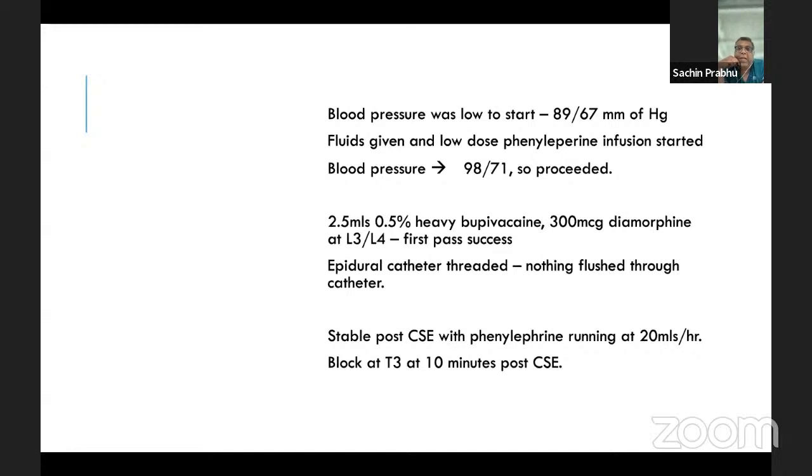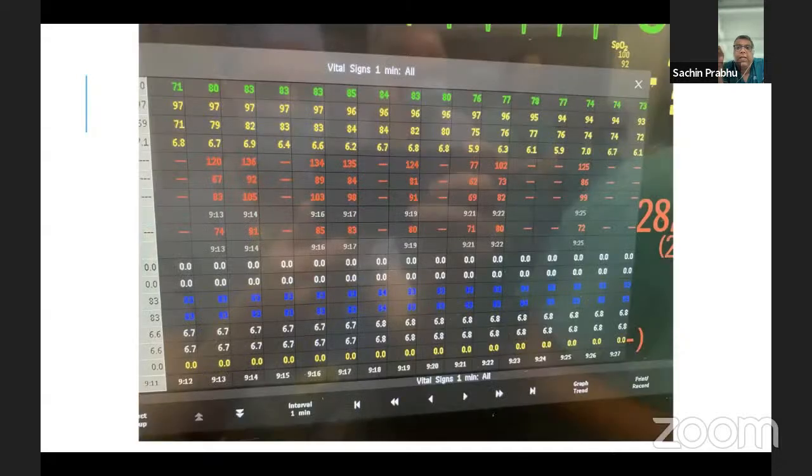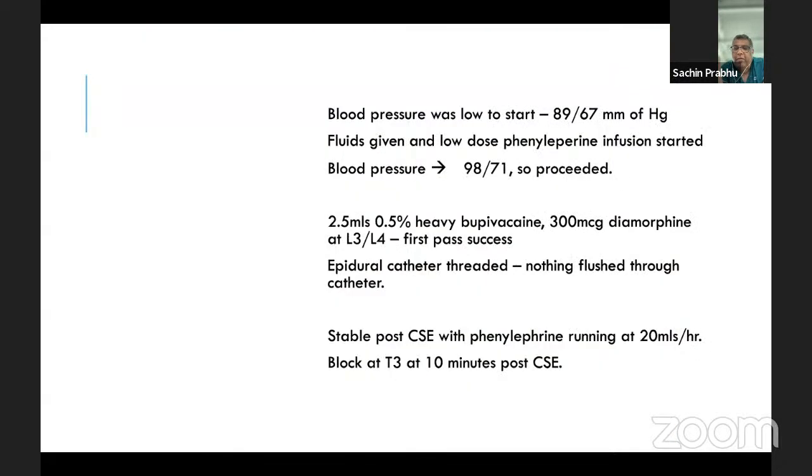Standard marking with bupivacaine, epidural catheter inserted. She was quite stable with the phenylephrine infusion. Block was at T3. Everything was hunky-dory at this stage. We normally have the partner or the husband next to the patient, and in this case as well, we did have somebody there.